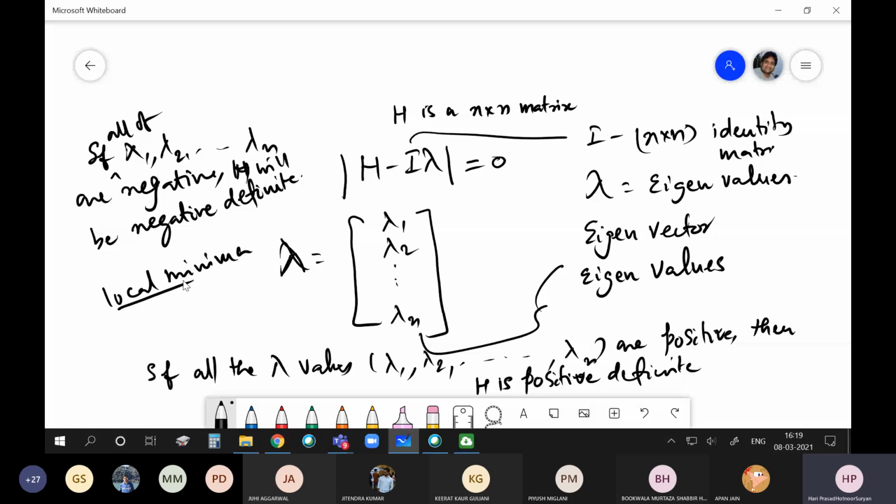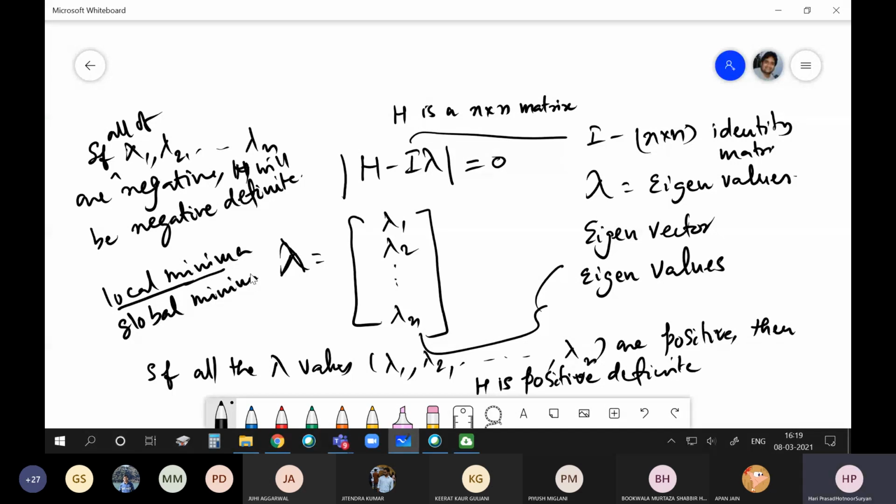And if these lambda values are independent of the decision variables, then you will have the global minimum. We will see by example.